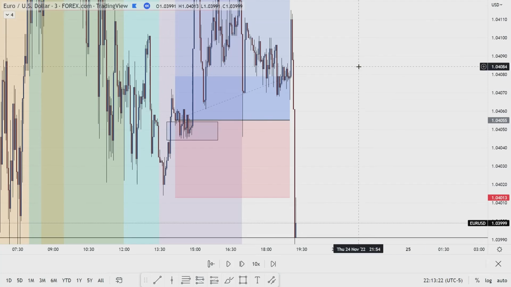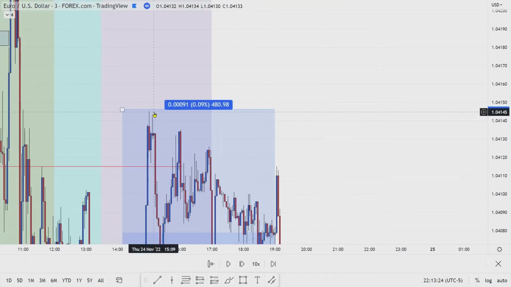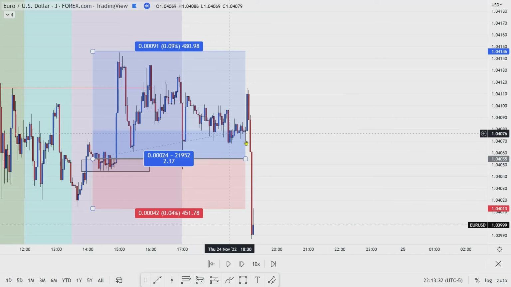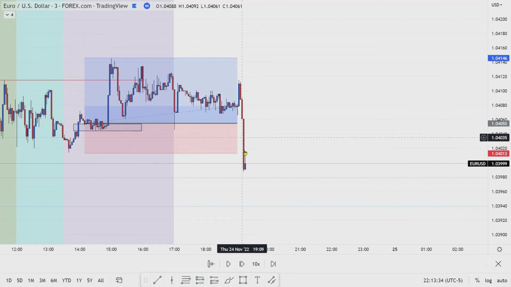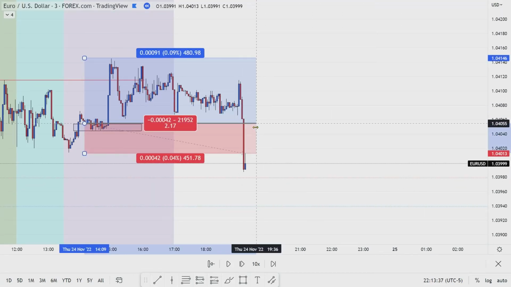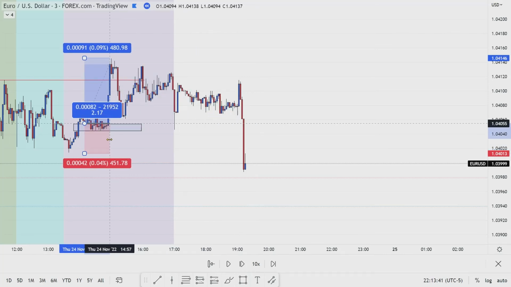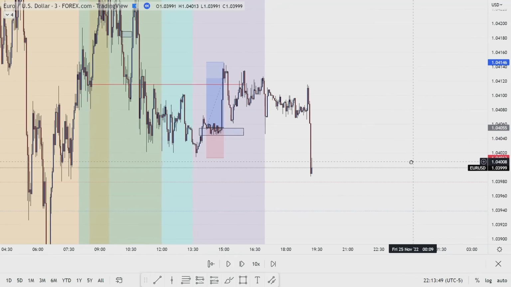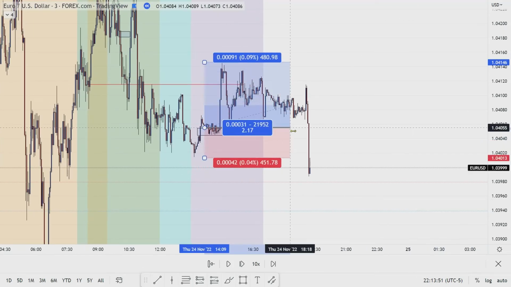Eventually it gets so close, and yet eventually as price continues to go, it takes us out right here. Very, very close trade, but eventually it takes us out. And so this would have been Thursday's trade.